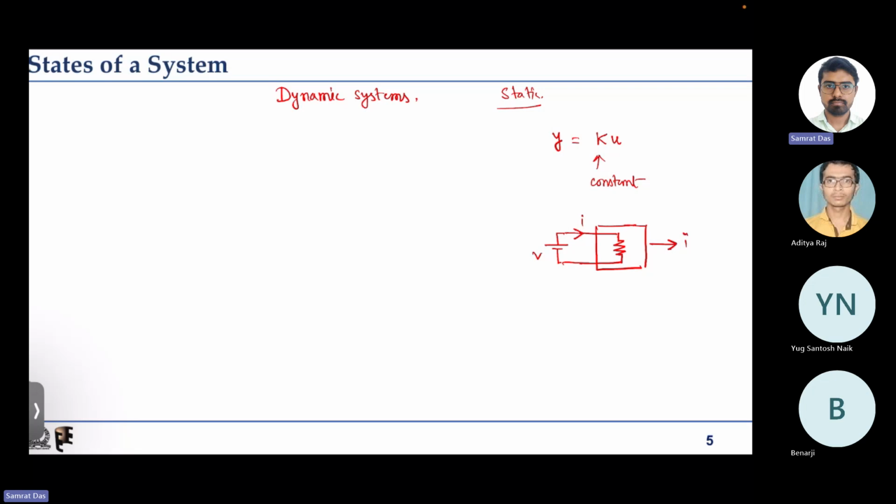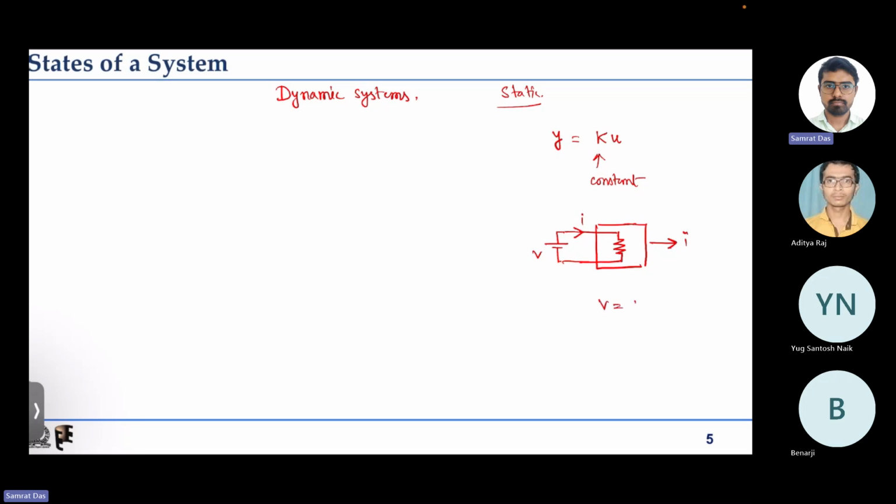In the DC case, V equal to IR, so I equal to V by R, or written another way, 1 by R into V. If the variation of resistance with temperature is neglected, the 1 by R coefficient is a constant.